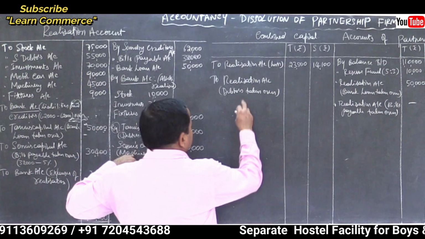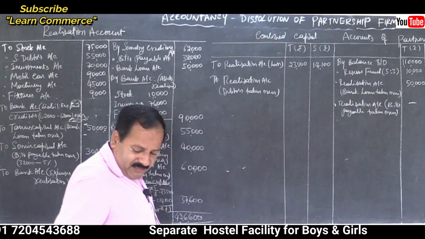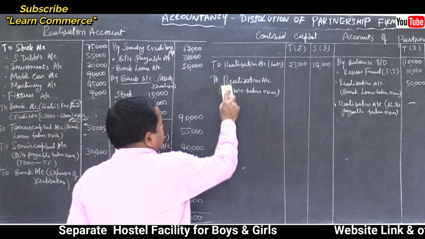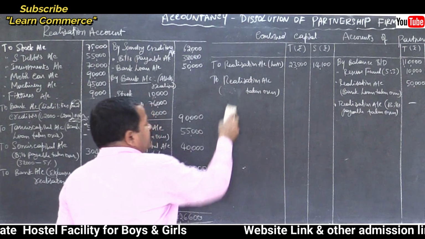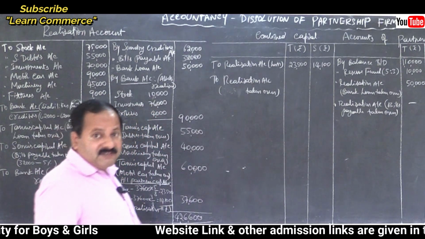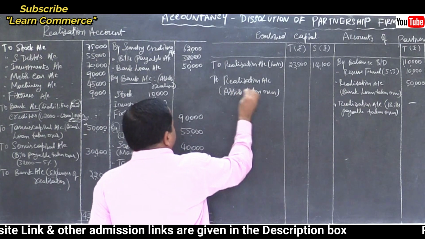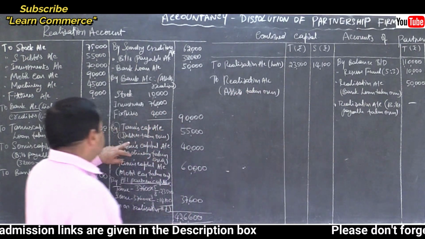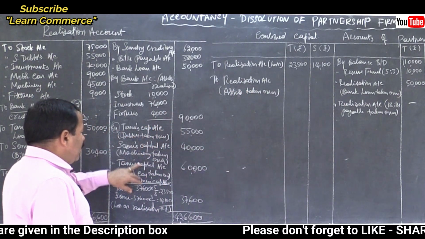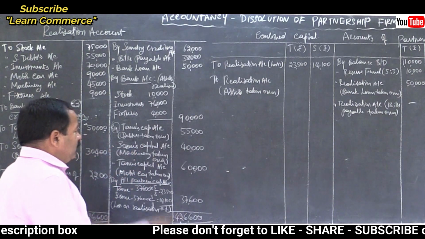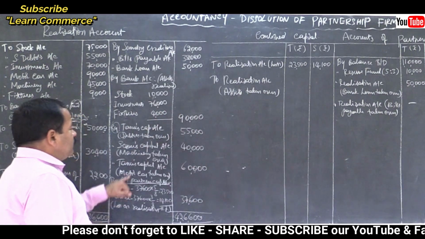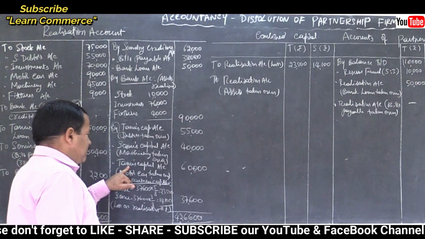So you just write here like this, assets taken over, so that your number of entries gets reduced. This is debtors taken over by Tanu and machinery taken over by Sonu; I will write only one entry here.